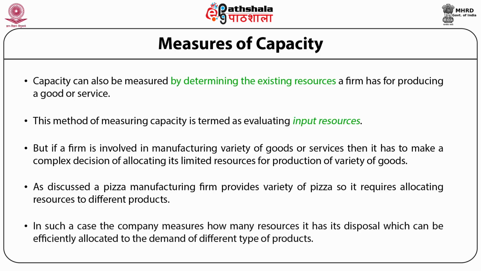In such a case, the company measures how many resources it has at its disposal, which can be efficiently allocated to the demand of different types of products. Measuring capacity by determining inputs is thus used for low volume, high variety and flexible operation systems.